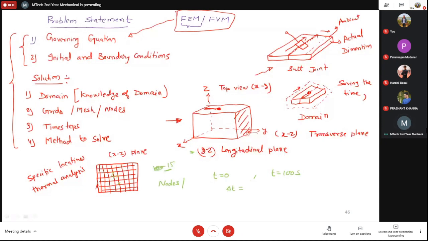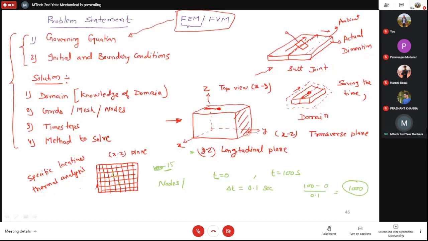Let's say we will define this as my time step. So the total time steps will equal 1000. So we have 1000 time steps now. The more the time steps, the more precise the solution you will get. However, it will take a long time.